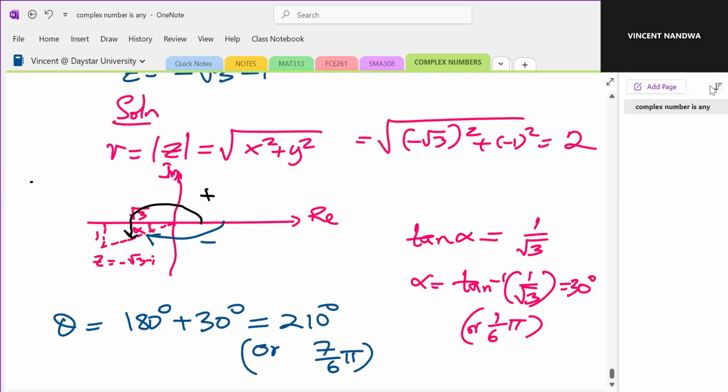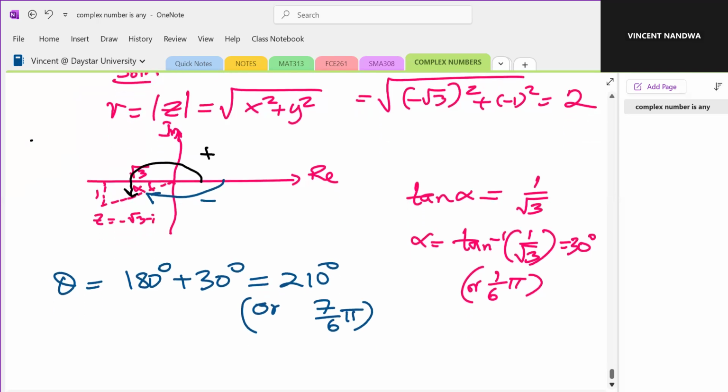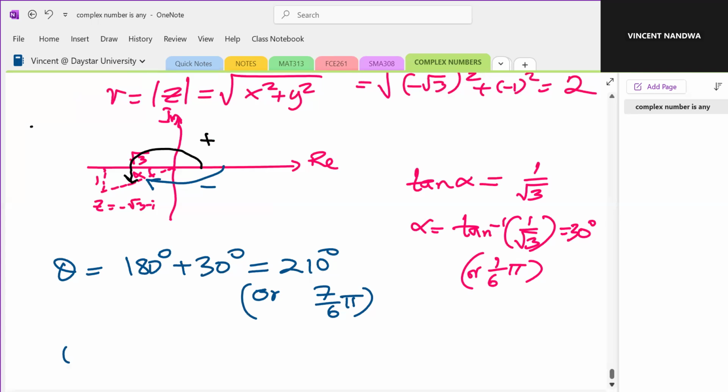But if you want the angle to be negative, still be accepted, you can write your theta as negative of 180 degrees minus 30 degrees, remember this should give us a total of 180.